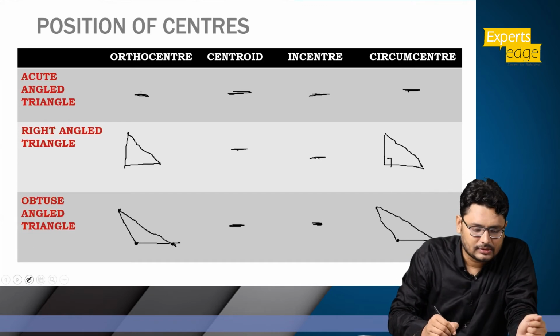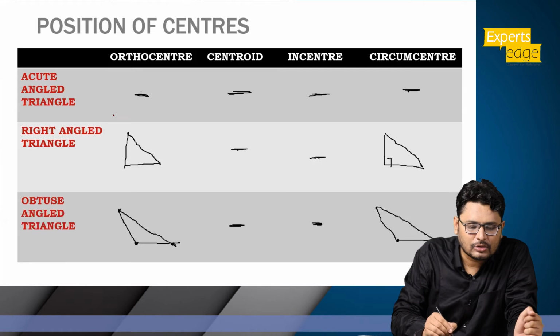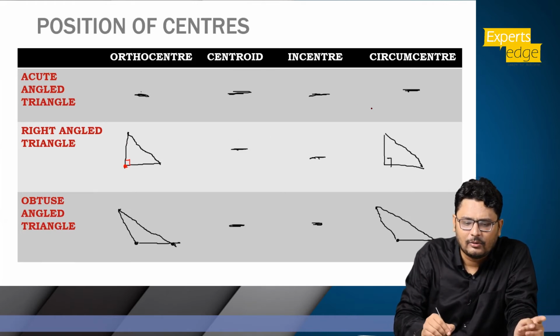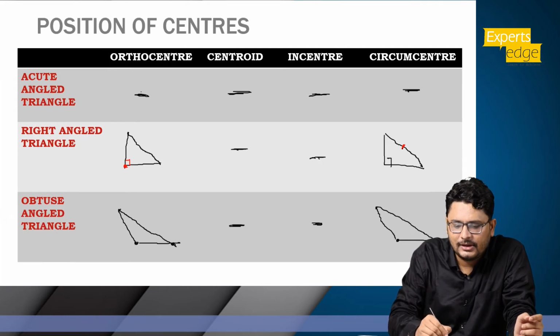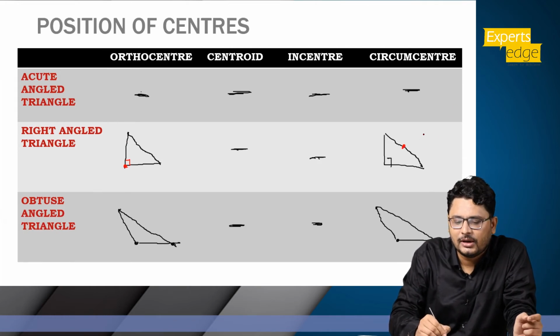ठीक है, now see here what happens in a right angle triangle. The orthocenter is exactly at the 90 degree वाला point. What happens at the circumcenter? In the right angle triangle, the circumcenter is at the middle of the hypotenuse. Please remember, midpoint of hypotenuse.